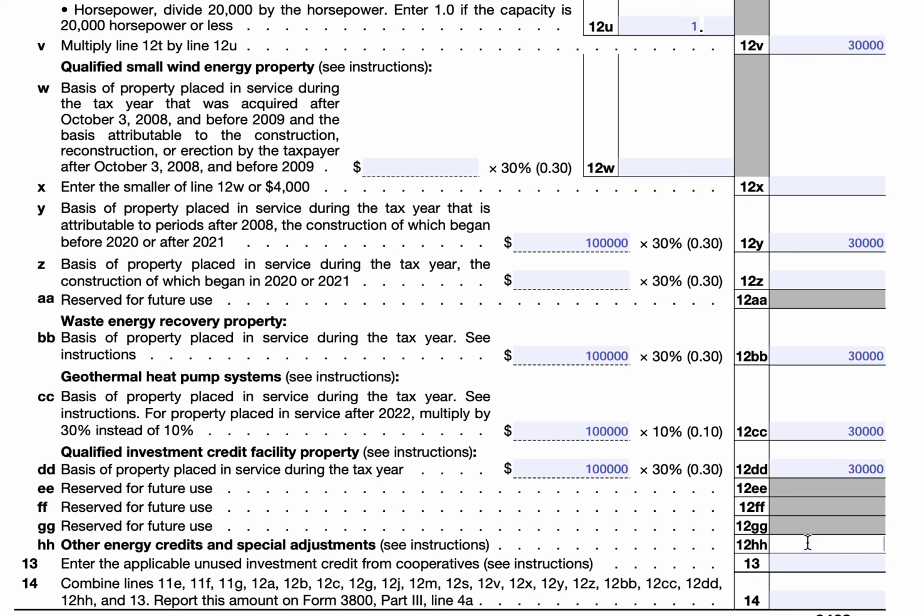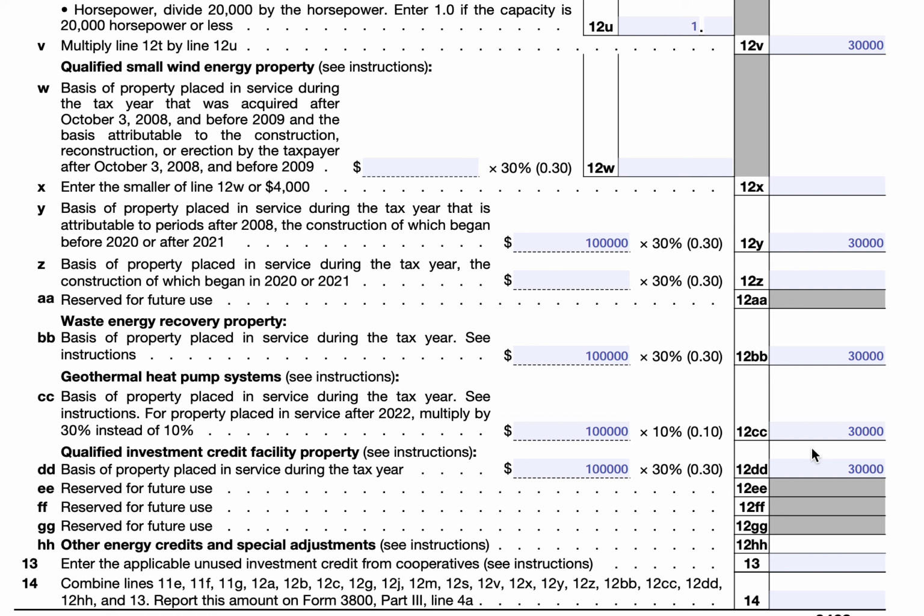Now under 12HH, any additional adjustments, you can make adjustments based on the form instructions for energy storage technology, modifications of certain property, thermal energy storage property, qualified biogas property, microgrid controller.